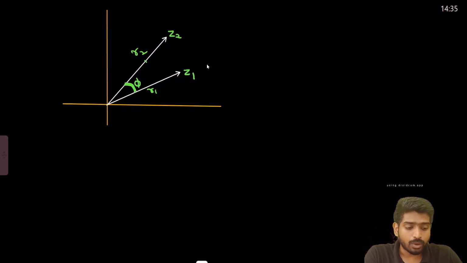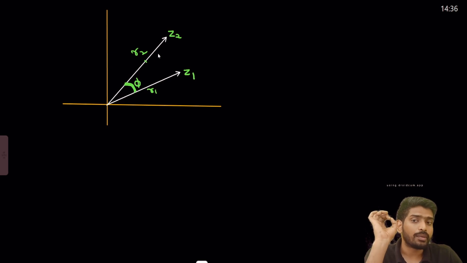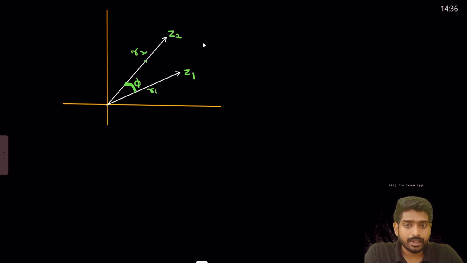Now what do we want? We want to make this z2 vector from the z1 vector. Meaning I want to rotate the z1 vector by the angle phi, and I also want to change the magnitude. Got it? So here we'll apply the concept which we used in vectors, the unit vector. First we'll convert both the complex numbers into unit complex numbers or unit vectors. So we can write z2 as z1 multiplied by e to the power iota phi.